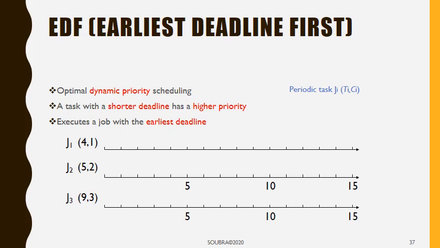So period 4, 5 and 9. 0, 1, 2, 3, 4, 5, 6, 7, 8, 9, 10, 11, 12. I think we're good. So here, same thing, no instruction. I'm going to consider that everyone was ready at the same time.